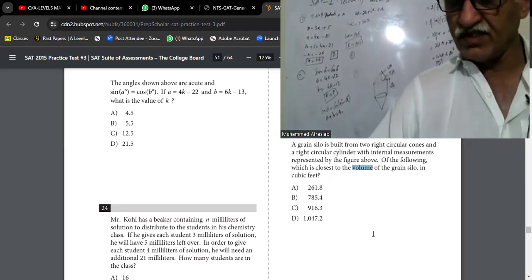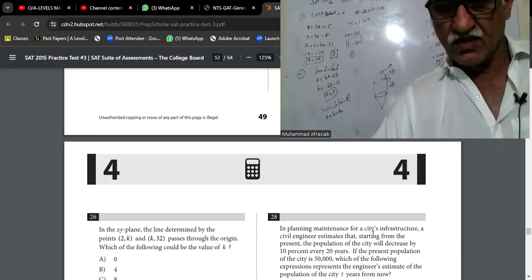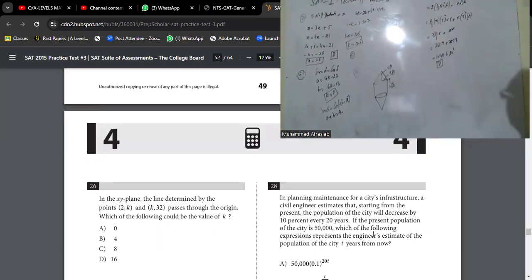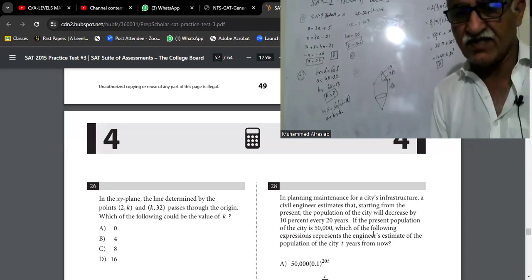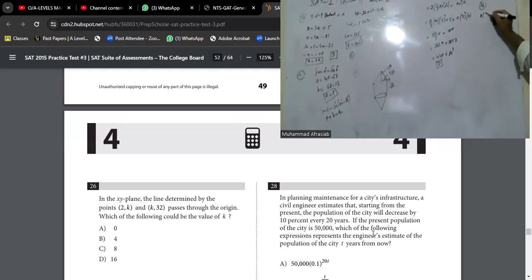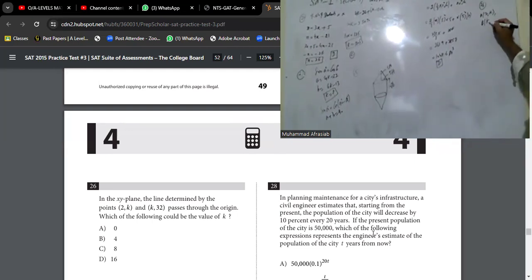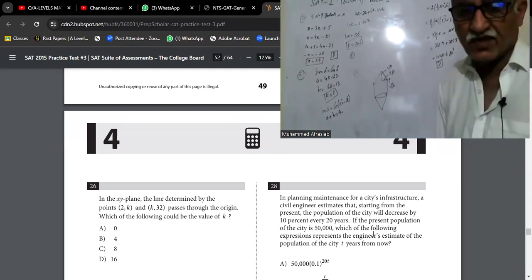Then the next question is 26. In the xy plane, the line determined by the point (2, k) and the other point (k, 32) passes through the origin.